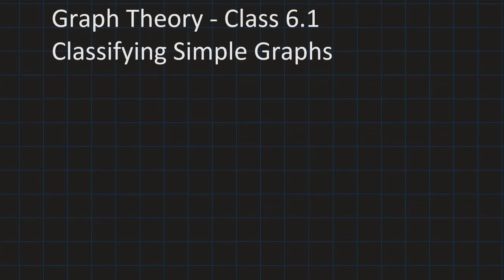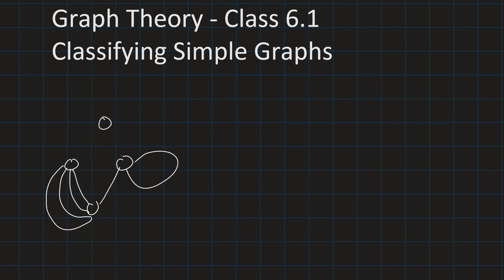The first thing you'll realize is it's impossible to classify all graphs because I could just keep making them more and more complex, right? If I just have some vertices, I can always just keep adding more and more edges or some loop edges.